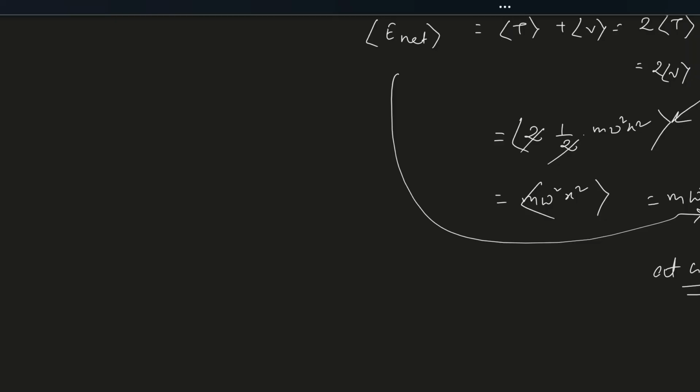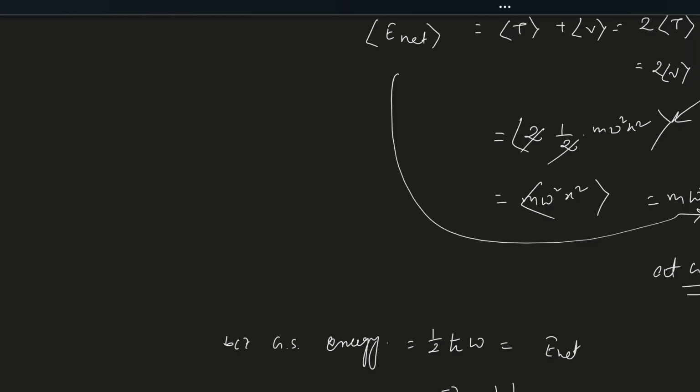Now, because you know the ground state energy already, the energy allowed for the ground state, from the quantum mechanical form of the harmonic oscillator energy levels, is half h cut omega, and this is to be equal to E net that we got from here.